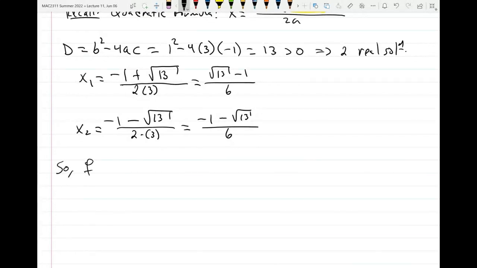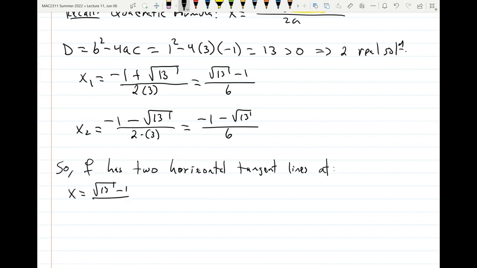So f has 2 horizontal tangent lines, and they happen at x equals square root of 13 minus 1 over 6 and x equals negative 1 minus square root of 13 over 6. Okay, questions? Any questions?